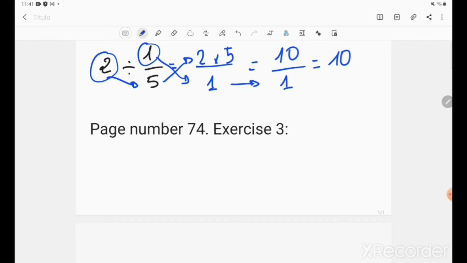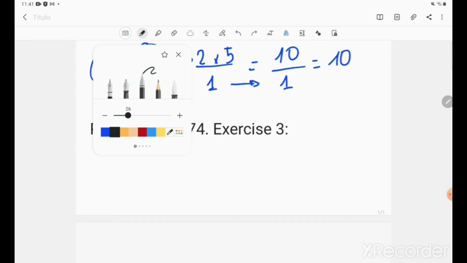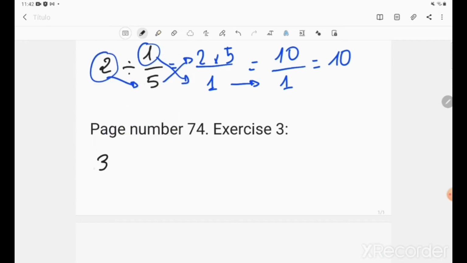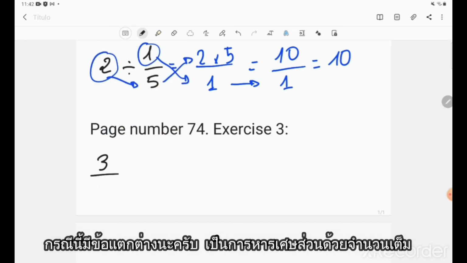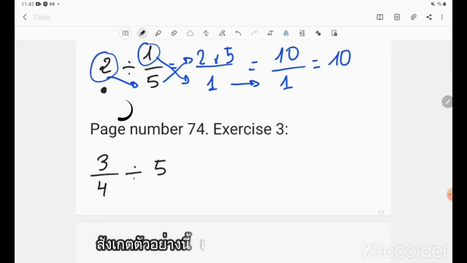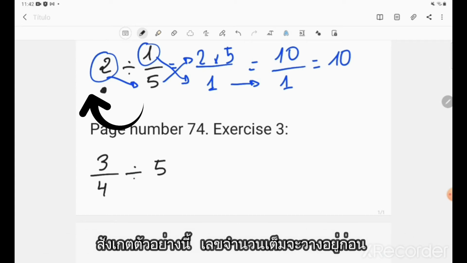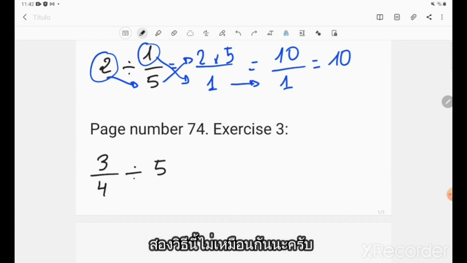This example is different because we have a fraction first, 3 over 4 divided by 5. In this case, as you see here, the whole number is first and here the whole number is after, so it's not the same method as you already know.